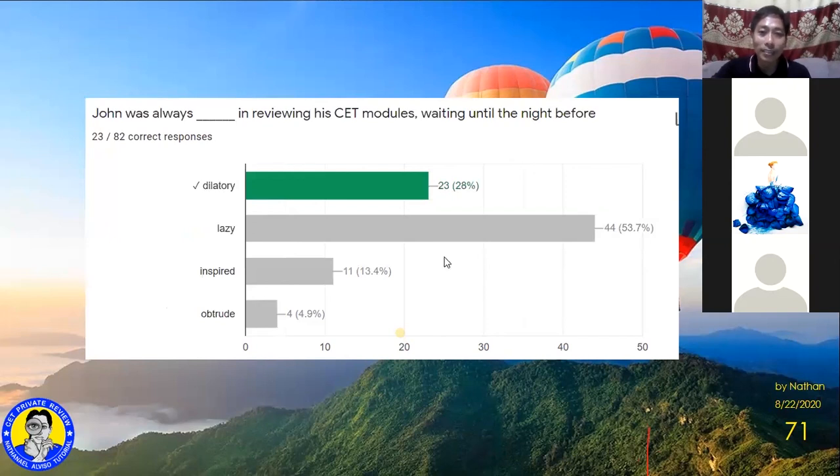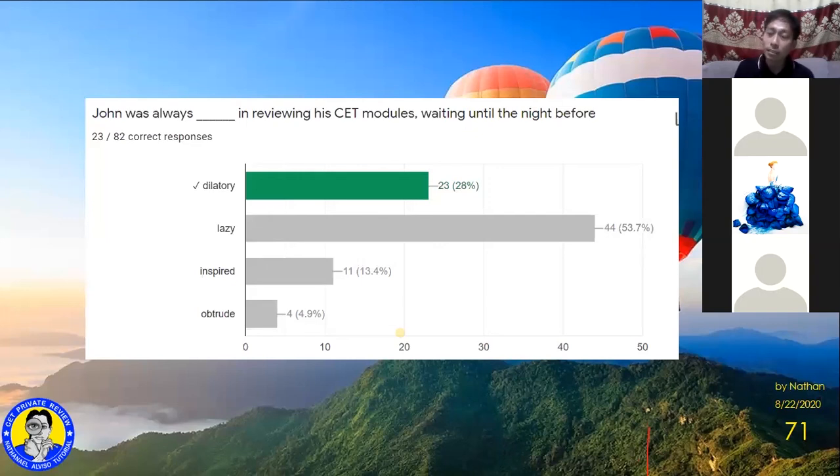"John was always blank in reviewing his CET modules, waiting until the night before the exam." Again, this will require your knowledge of vocabulary, okay? So I'm looking here for "procrastinating," because that is what the word means to complete the sentence, but it's not part of the choices, okay?